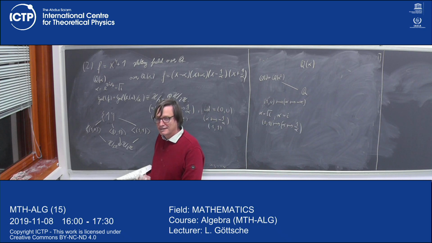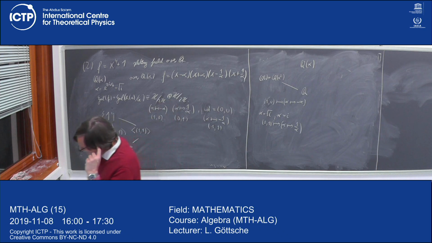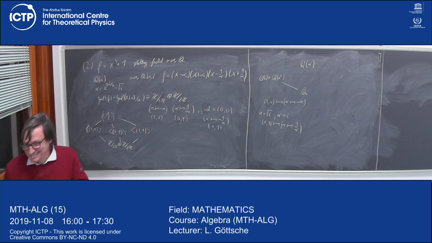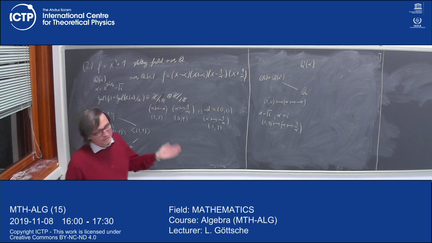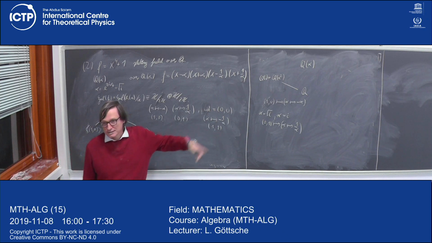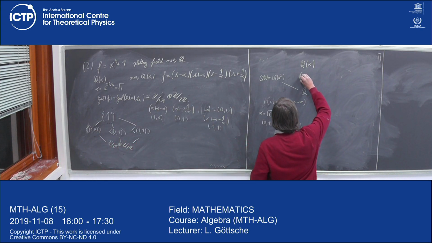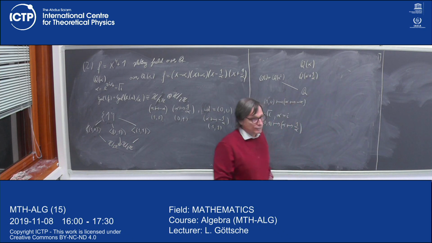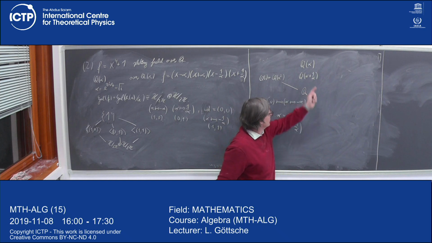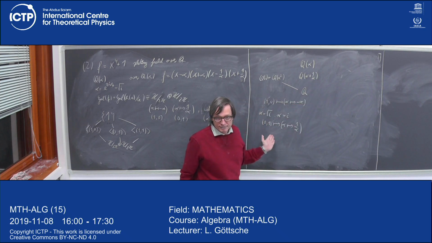Maybe you could try again what you tried before, taking the sum of the things. So why don't we take alpha plus 1 over alpha? We know that the fixed field contains Q of alpha plus 1 over alpha, because Q is fixed and alpha plus 1 over alpha is fixed if we send alpha to 1 over alpha.